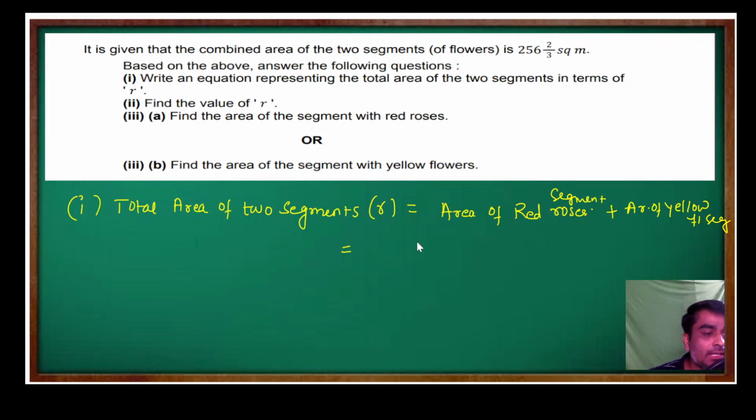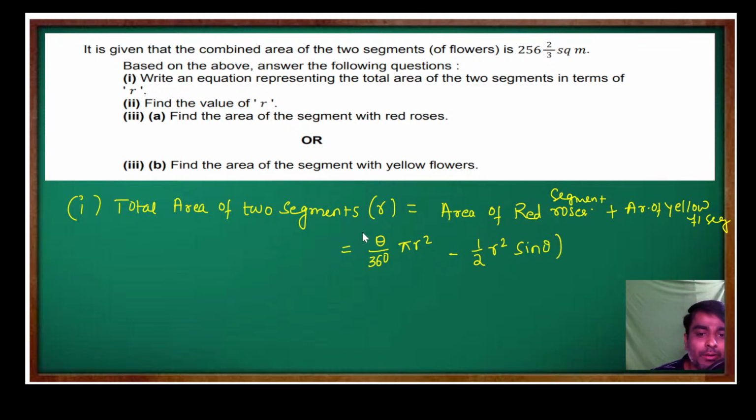So the area of a segment is given by theta by 360 into pi r square minus half r square sine theta.